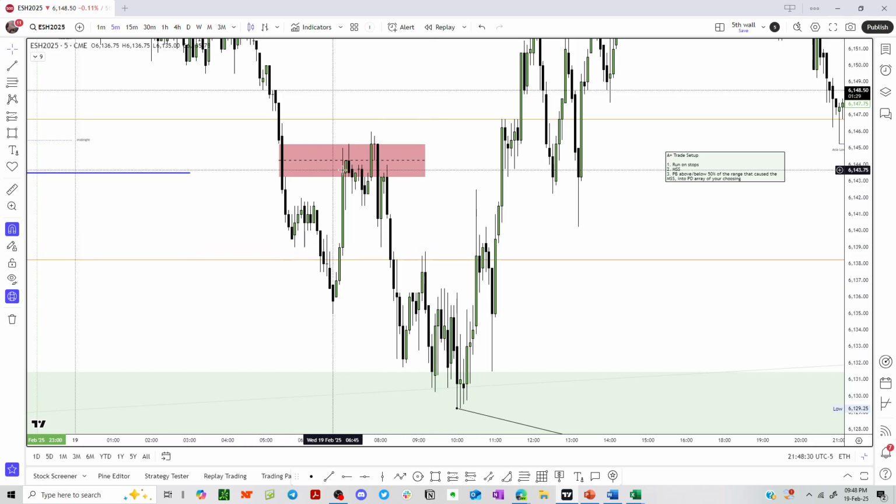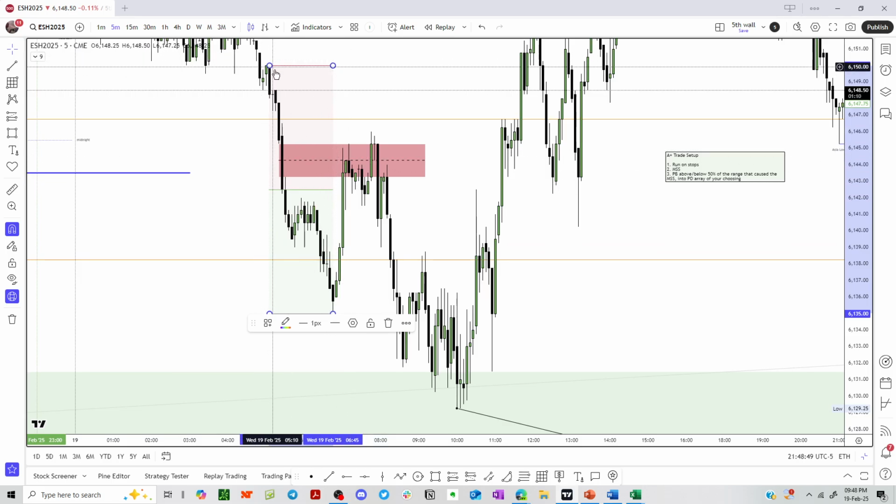So we had this. Could have seen this as an entry, right? Let's see what the range is. Sure, let's just use this thing here. So it's about 50% of the range. So that would have still been a good entry into here.